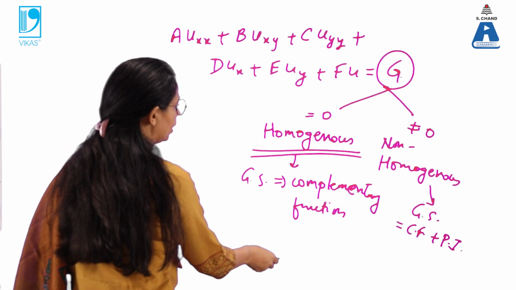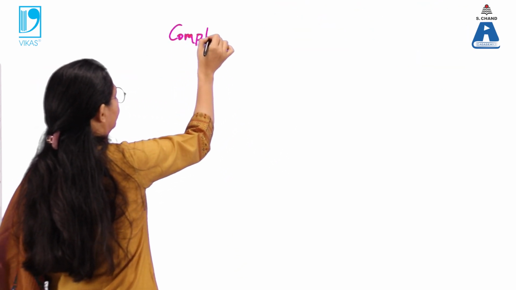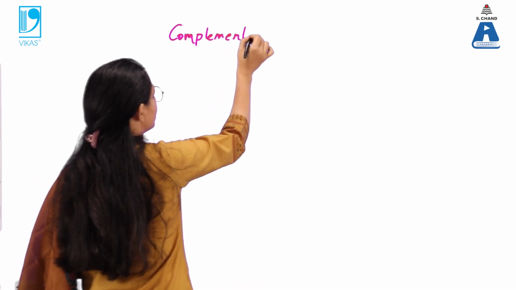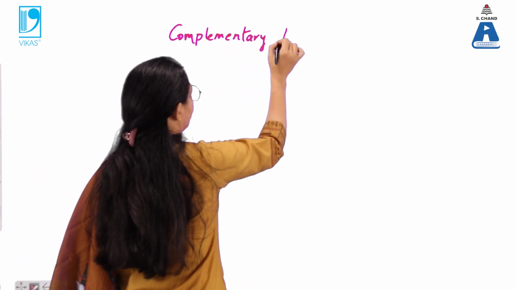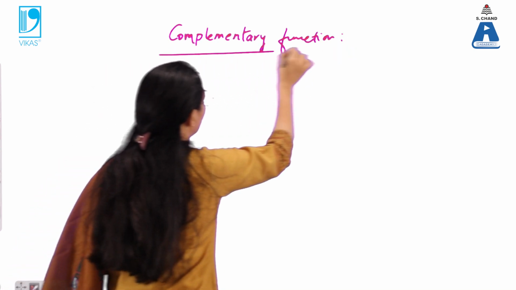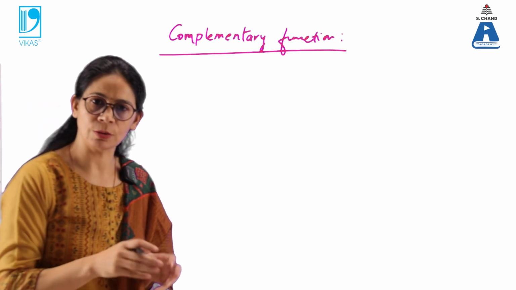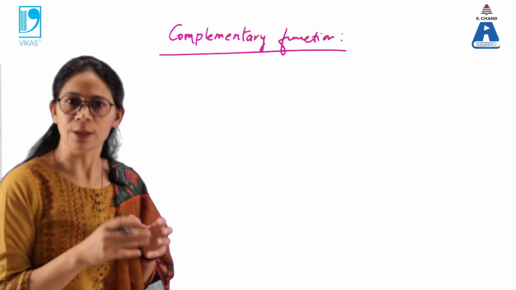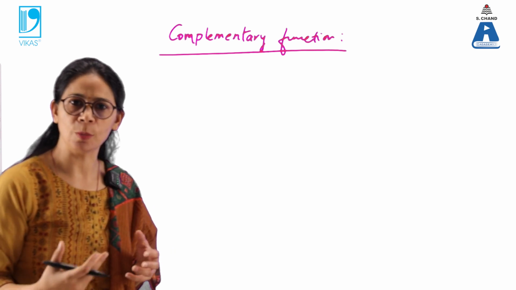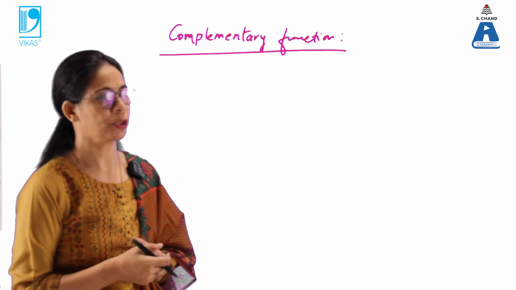Now we will start with the complementary function. The first thing for finding the complementary function is that if the given partial differential equation is homogeneous, then of course the right hand side is 0, so this is the only form, and if it is non-homogeneous, then we need to write down the homogeneous form by taking the right hand side equal to 0.